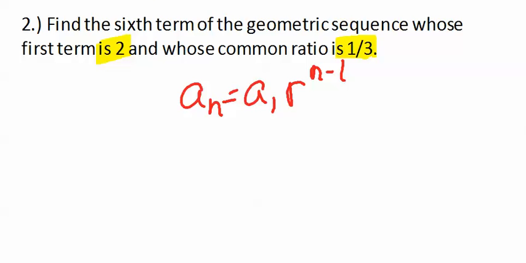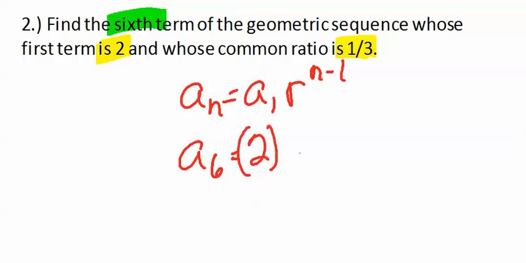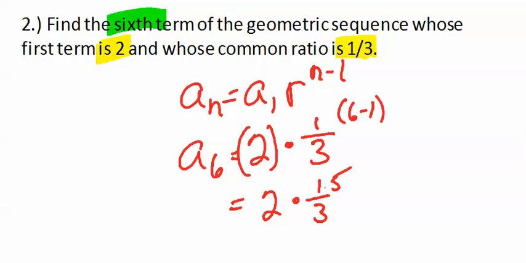And we're trying to find that sixth term. So for our sixth term, it's going to be equal to the first term, which is 2, times our ratio, which is 1/3, to the n minus 1, which will be 6 minus 1 power. And then we're going to simplify. So 2 times 1/3 to the 5th.